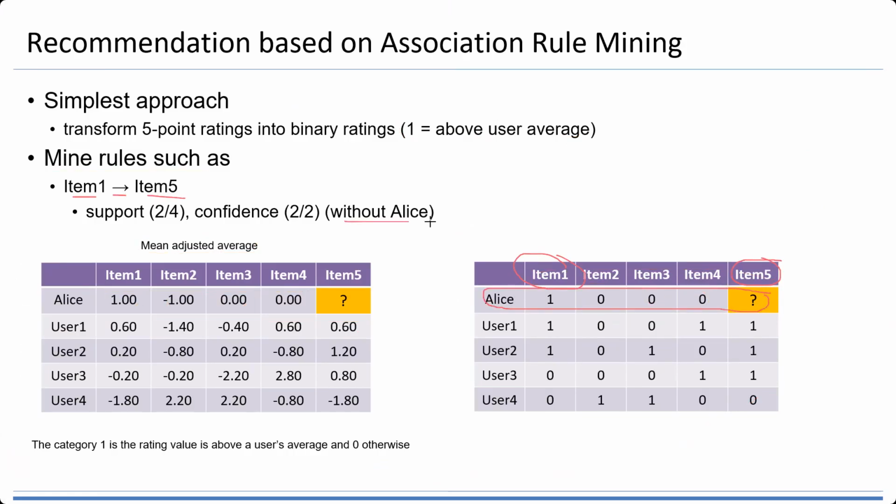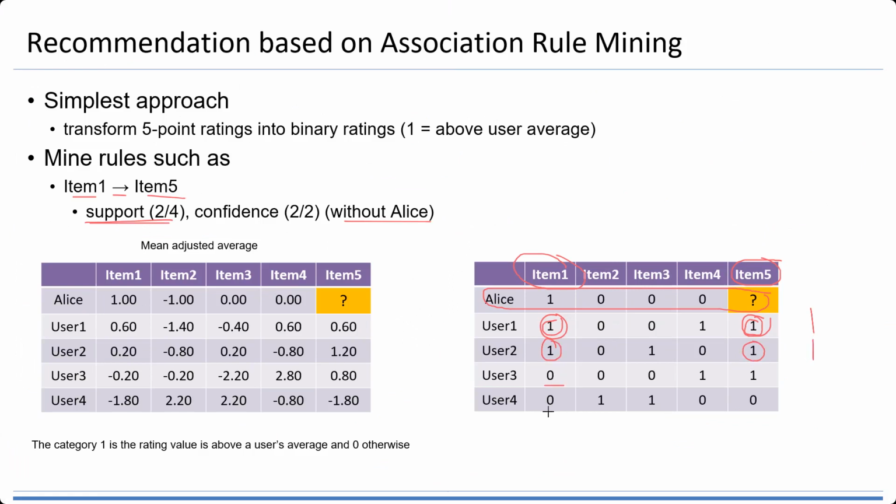Without Alice, what is the support? The support is when item 1 is 1, I want to know whether item 5 is also 1 or not. So the support is 2 divided by 4. When item 1 is 1, item 5 is 1. Okay, we have 1. When item 1 is 1 and item 5 is 1, okay, we have another.